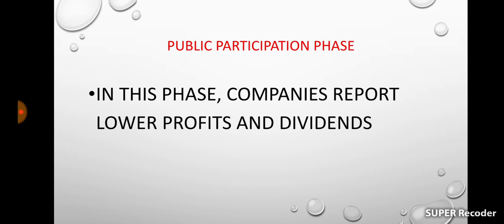And the next phase in primary bear market is public participation phase. This is the longest one, and there will be the largest declines in prices, and in this phase companies report lower profits and dividends.